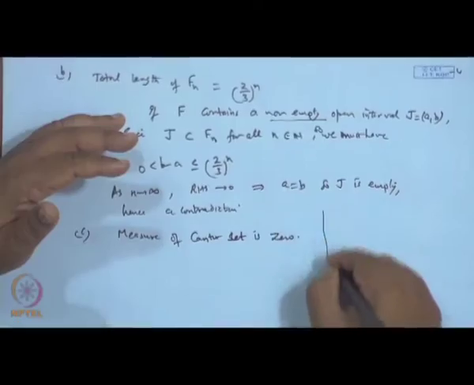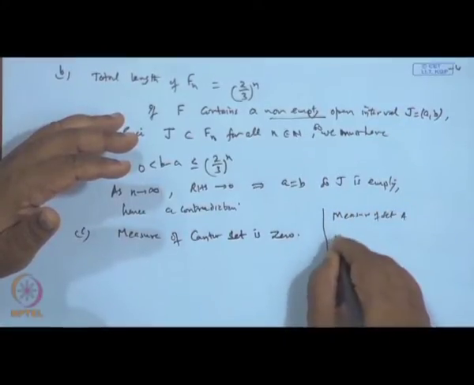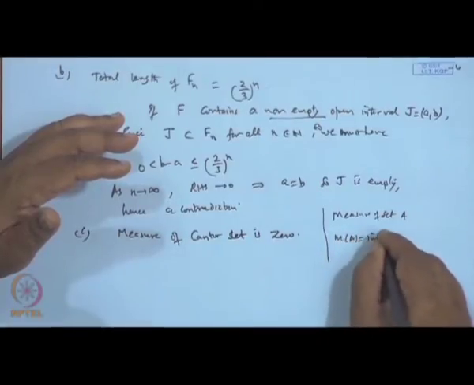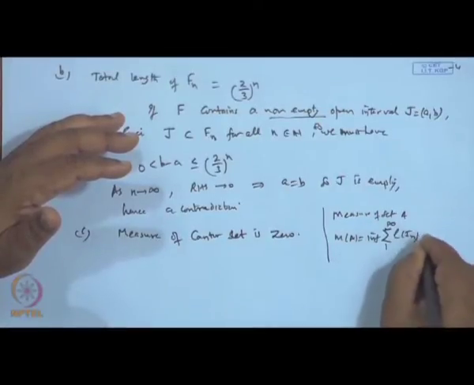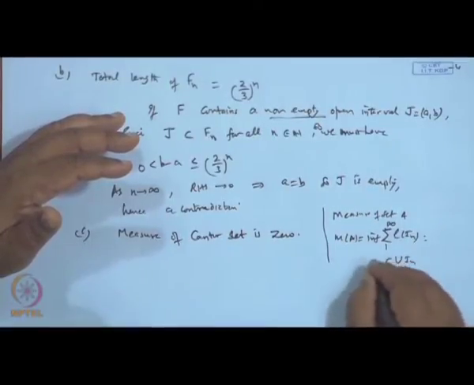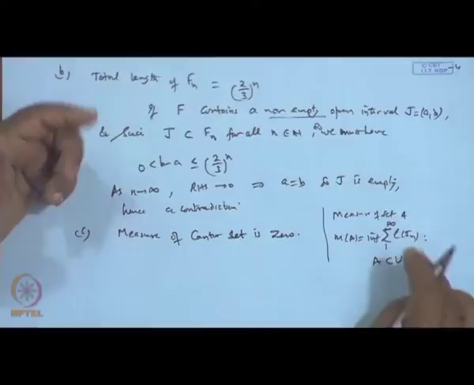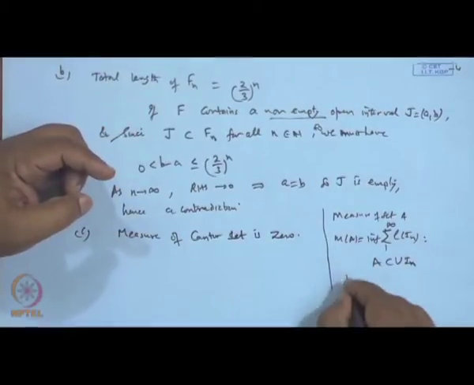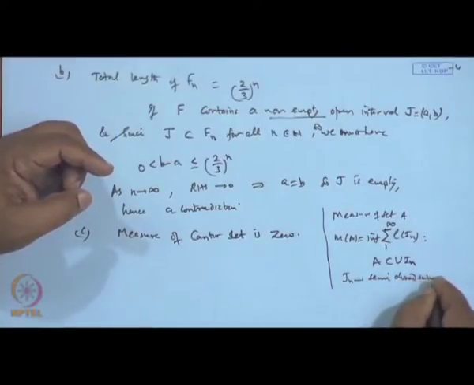So, in order to get the measure of this set, we introduce the concept of measure in terms of length. When we say measure of a set A, it is the infimum value of the sum over n from 1 to infinity of the lengths of the intervals I_n, such that the countable union of the I_n covers A, where the I_n are open intervals or semi-closed intervals containing this.